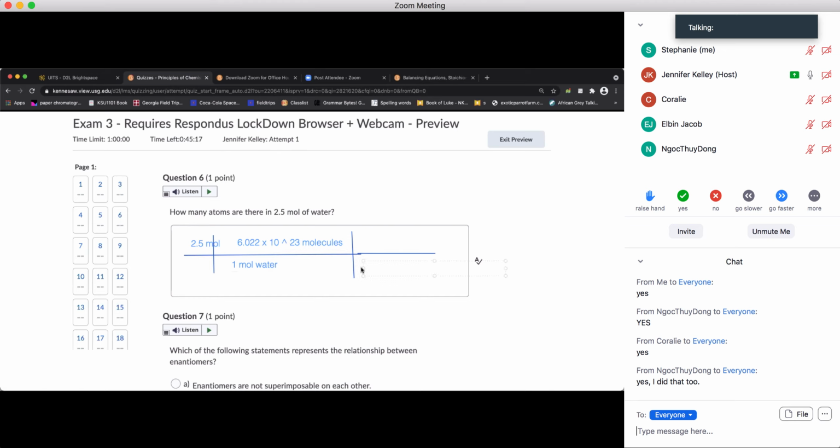All right, so in 1 molecule of water, we have H2O, so that's 2 hydrogen and 1 oxygen, so that's 3 atoms. And that's how you would do it. So the moles would cancel, the molecules would cancel, and then that would give you the total amount of atoms in 2.5 moles of water.